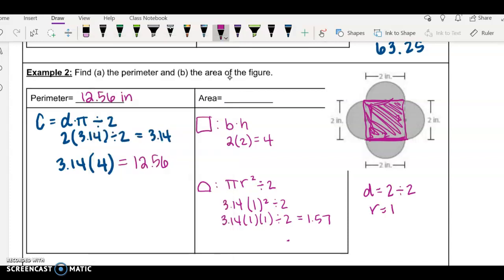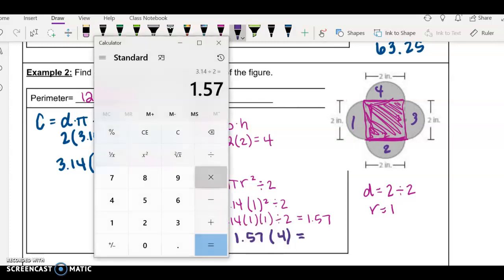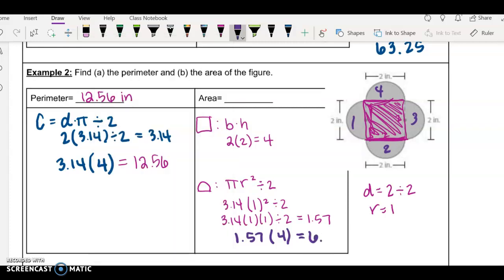Now remember, I have 1, 2, 3, 4 semicircles. So I'm going to take my 1 and 57 hundredths times my 4 semicircles. So I'm going to multiply that by 4, and I get 6 and 28 hundredths. Now that's not my area yet.